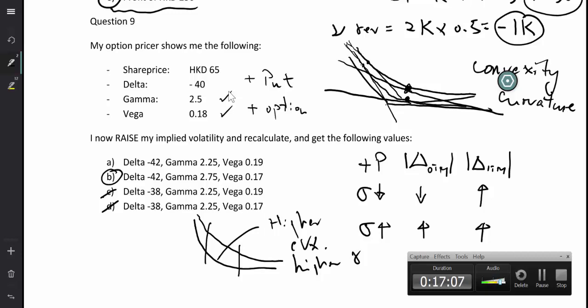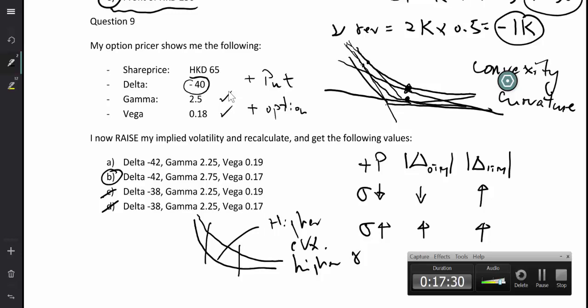Delta is 40, but notice there's a minus sign in front of it. Gamma 2.5, Vega 0.18. And I now raise my implied volatility and recalculate. And I get the following values.